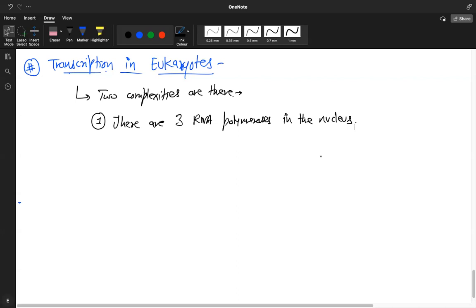What are the cell organelles that contain their own DNA inside the membrane? One is mitochondria. The other is plastids. Have you heard about chloroplast, plastids? Yes, sir, chloroplast.